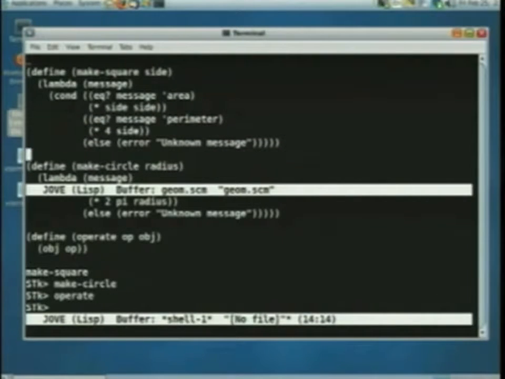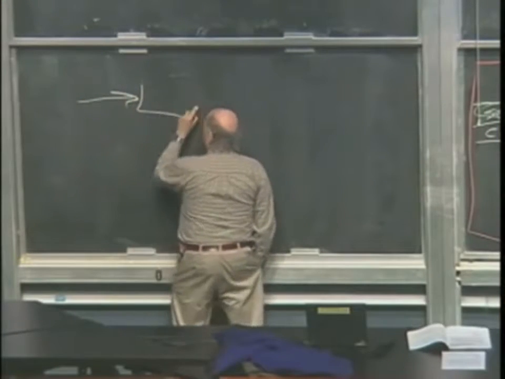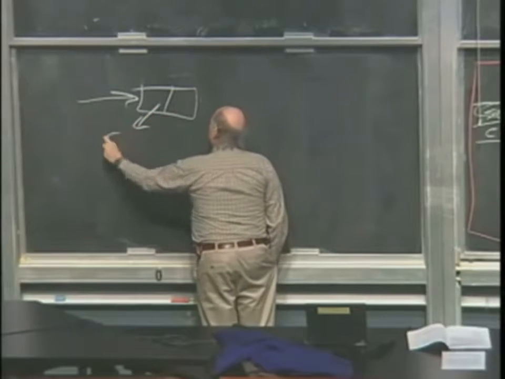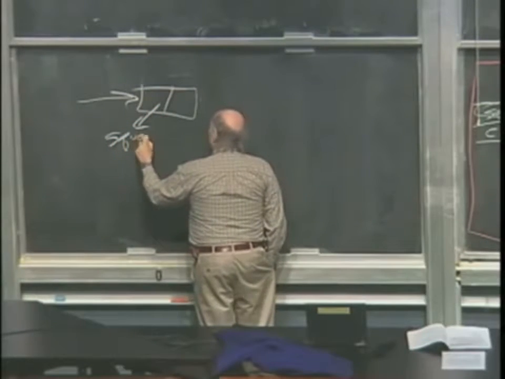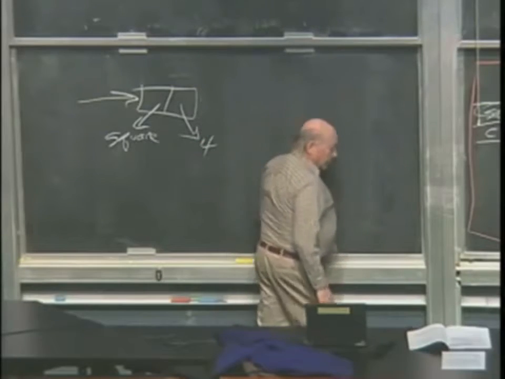So in order to do message passing, we're going to change the way we create individual shapes in our system of notation. For conventional and for message passing style, we just used the idea of tagged data. So we had something that looked like this. Square, that's the type tag, and 4, that's the side of the square.